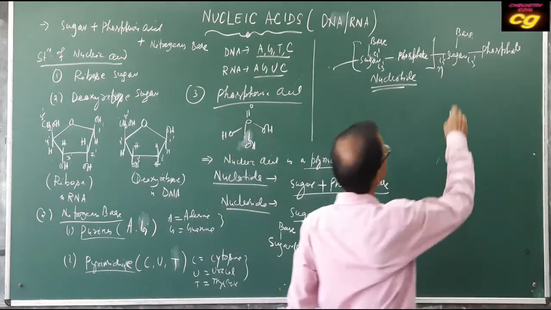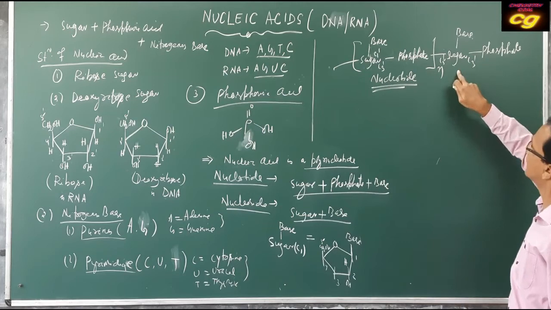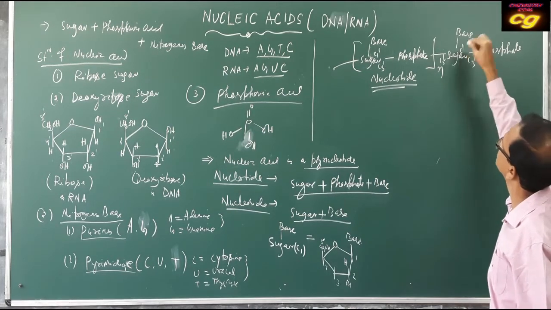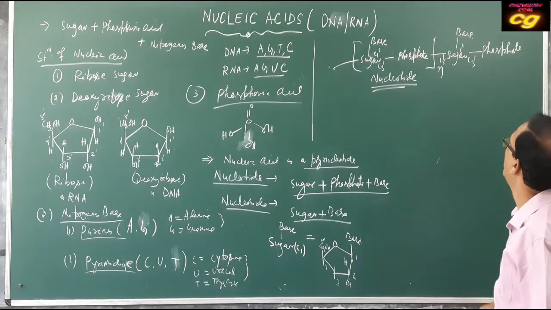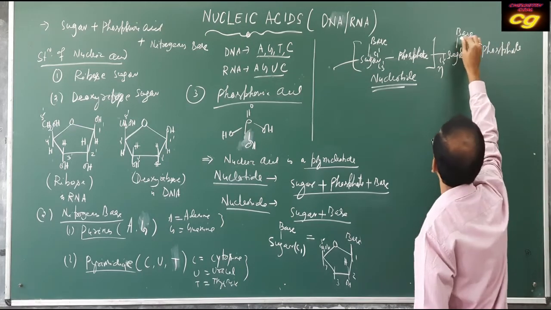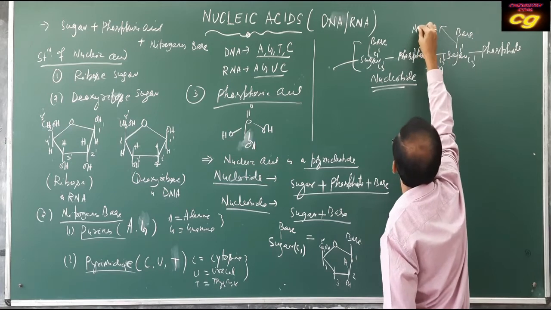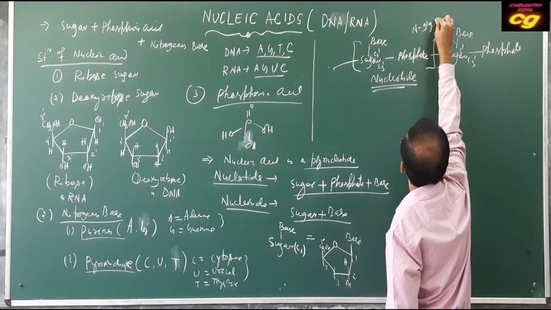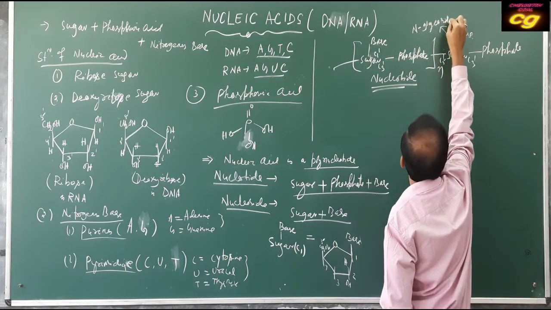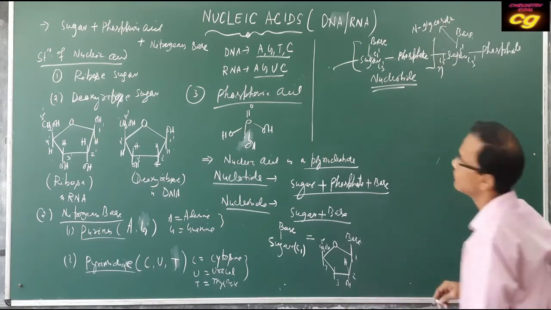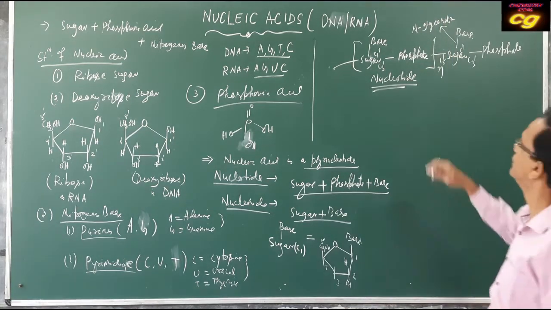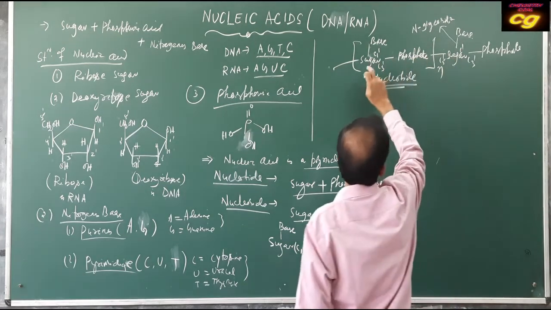Base is attached to sugar at carbon C1, and this base-sugar bond is called the N-glycosidic linkage.